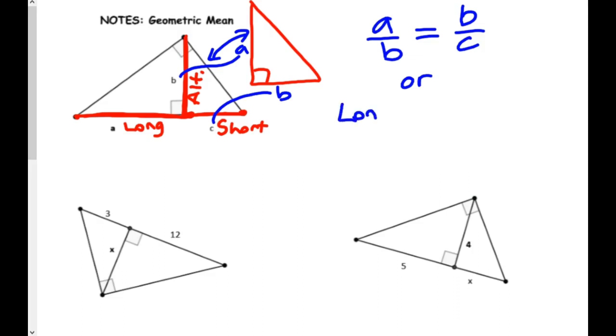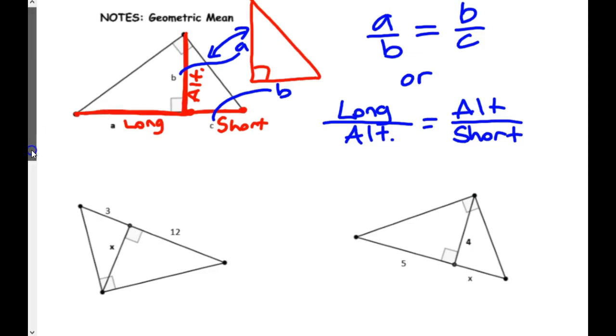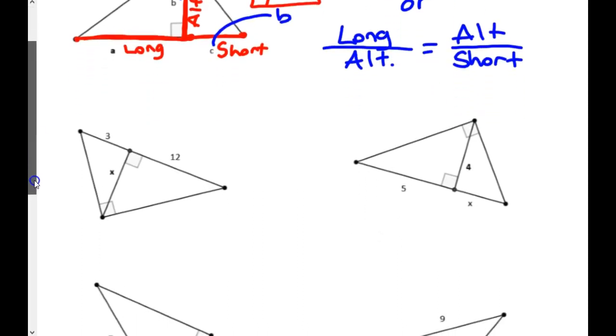The long side segment over the altitude equals the altitude over the short segment. So when we do geometric mean, we're basically doing some similar triangles, making two proportions, and then cross multiply and divide.